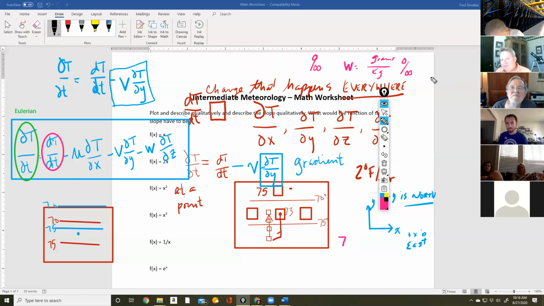That's 1,000. So sometimes you may see that the mixing ratio is this, and that just means grams per kilogram, parts per 1,000. That's not super important. If you ever see that, now you know what that is.